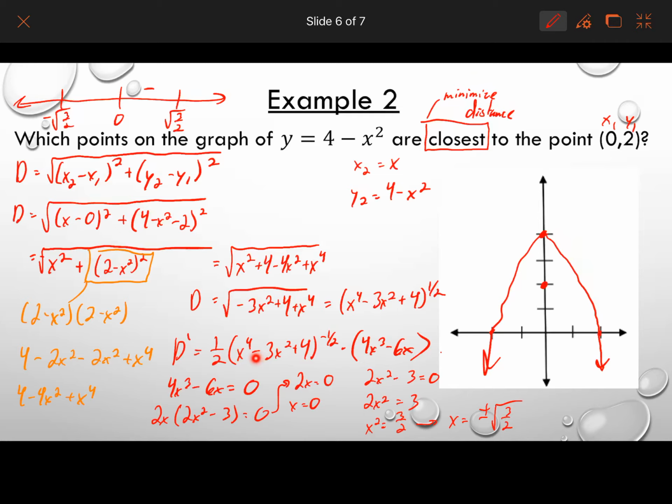Whoops, 3 times 4 is 12, so plus 4, so that's positive. Sorry about that. So it would be 16 minus 12 plus 4. So that's positive. And this ends up being, let's see.